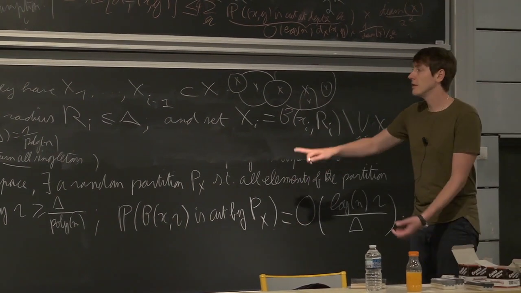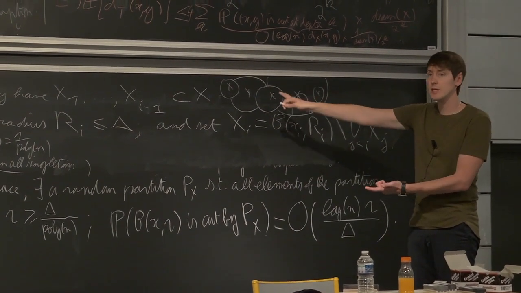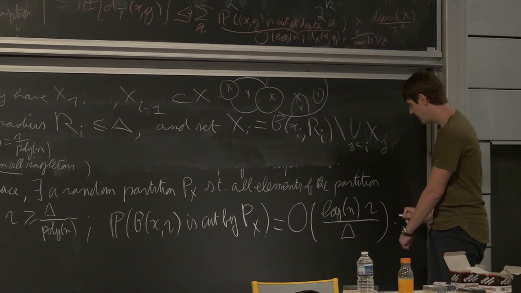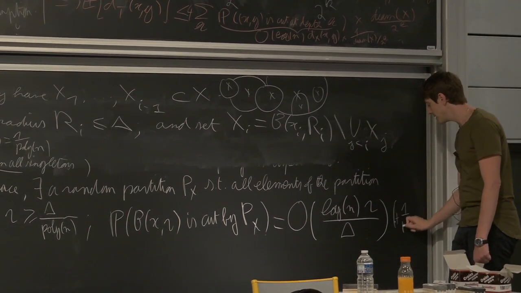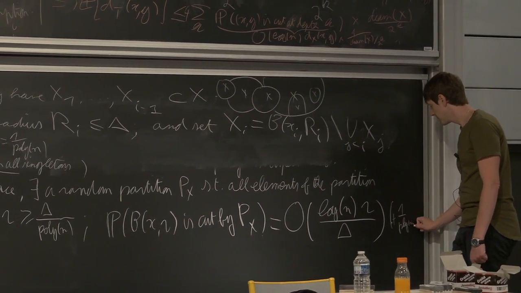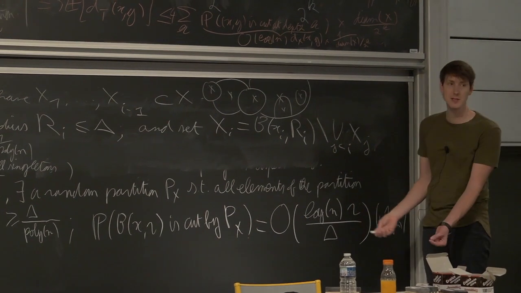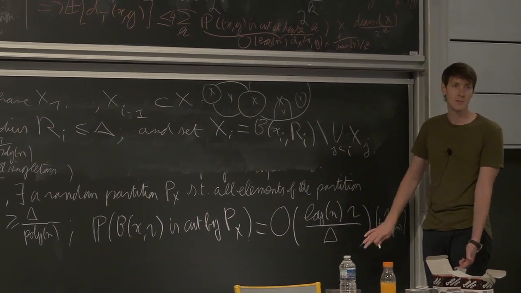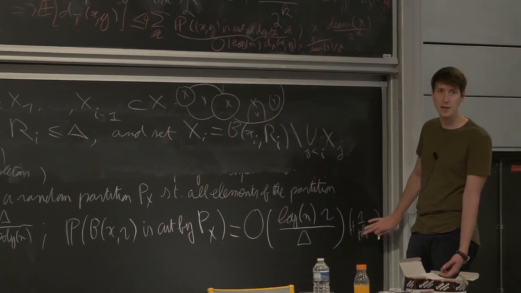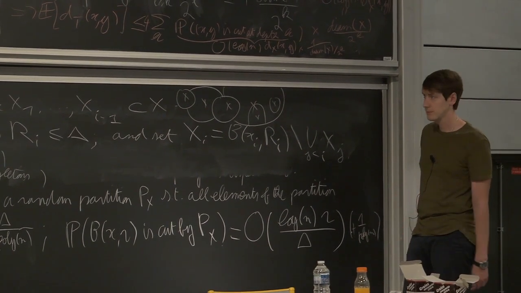Okay, and again, this modification of the procedure just adds a plus 1 over poly n in this probability estimate. Because of course, if everybody is a singleton, then all the balls are cut. But it's just a 1 over poly n added factor, so it doesn't matter.